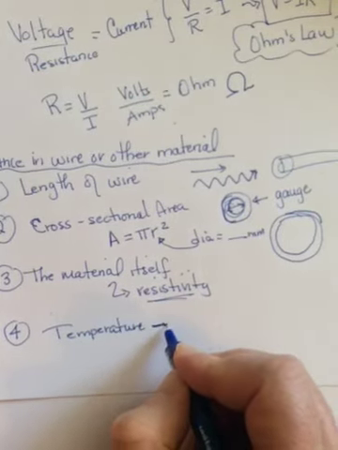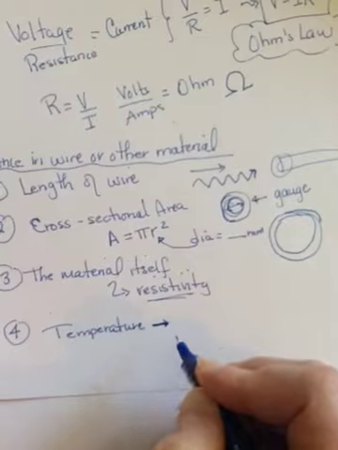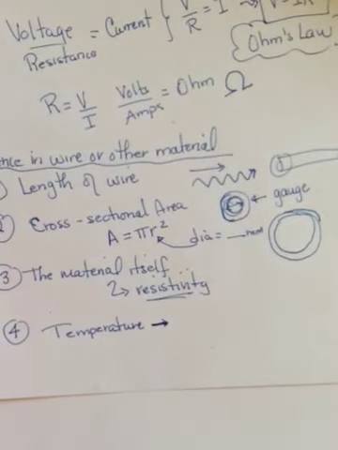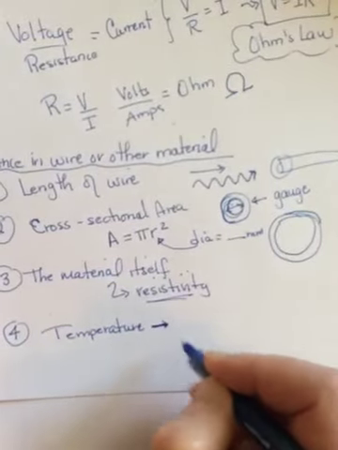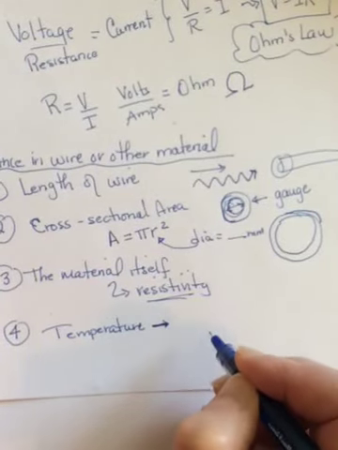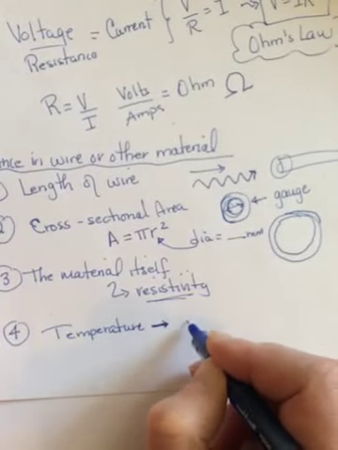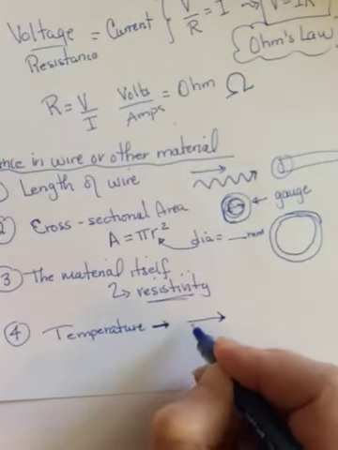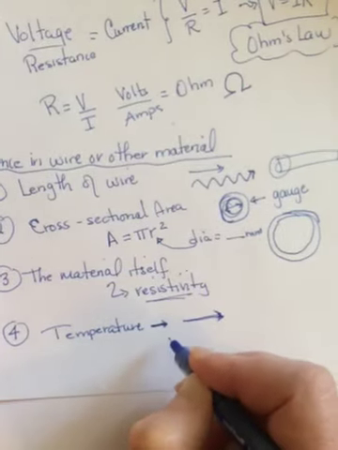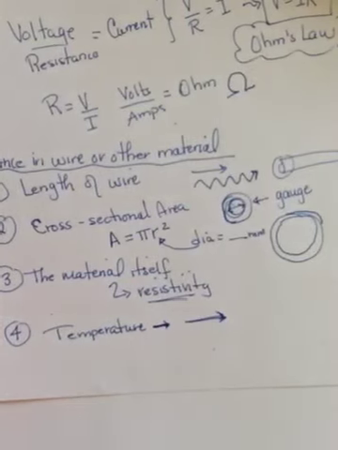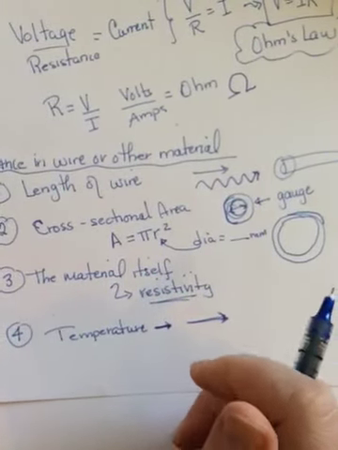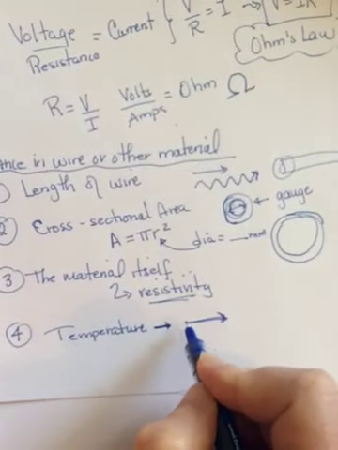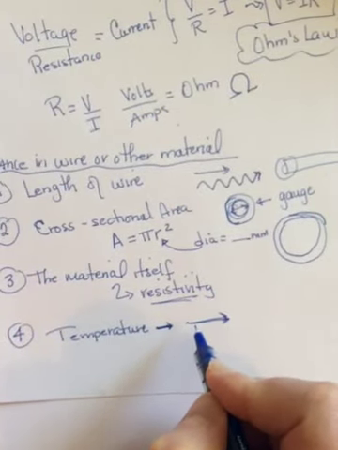If we think about the metals, remember temperature is just a measure of the movement of the electrons, the kinetic energy of the electrons. So the higher the temperature, the faster those electrons inside the metal are moving, and the more they're going to interfere with the flow of the current through. Whereas for an insulator, the higher the temperature, it kind of lets the atoms loosen their grip on their electrons so that the current can flow through it.